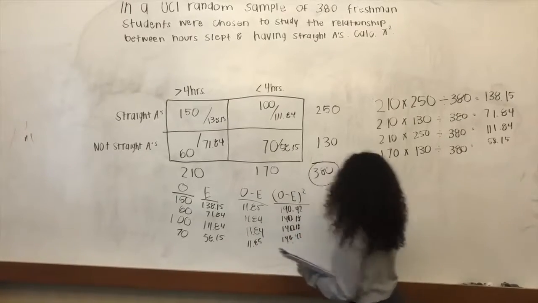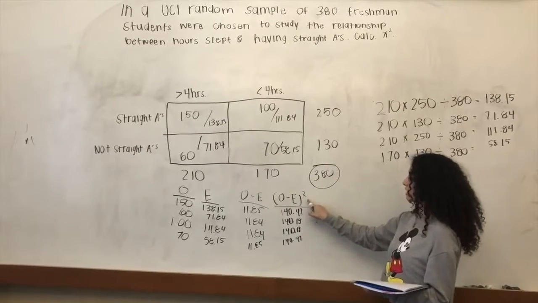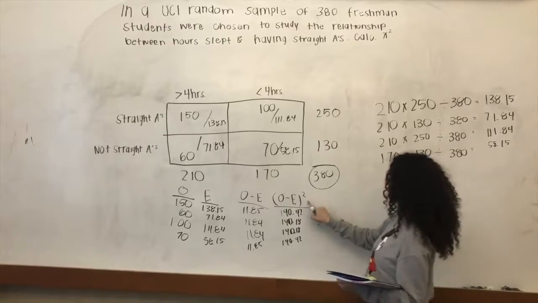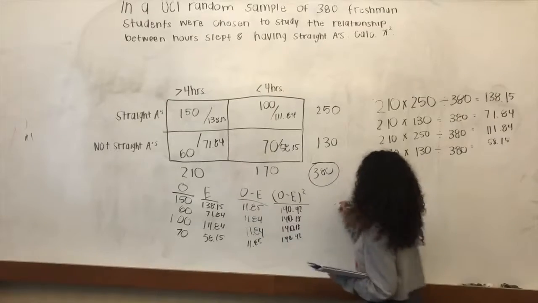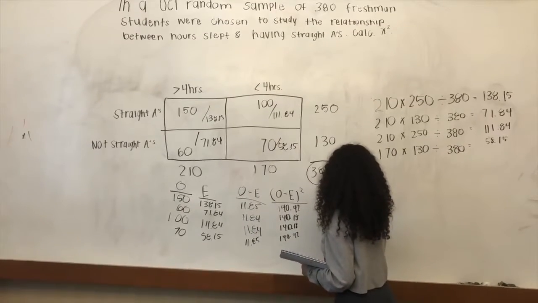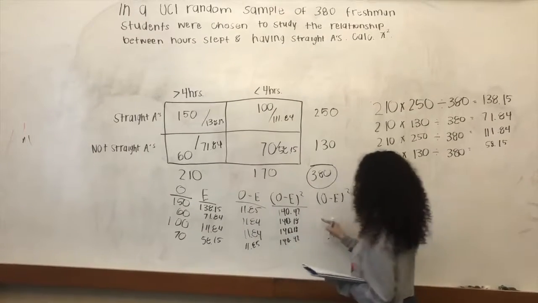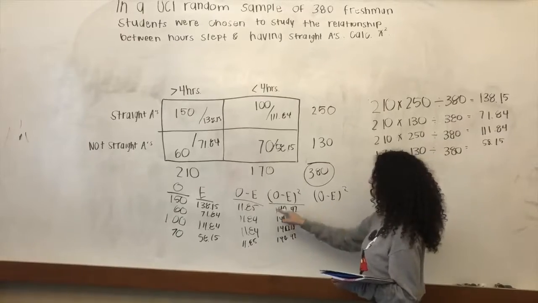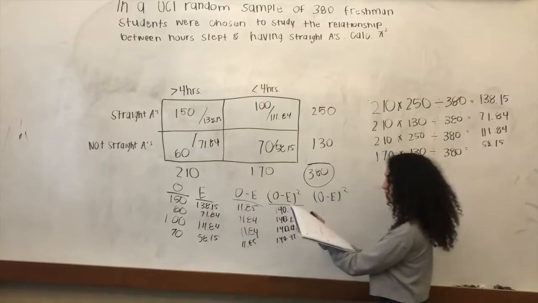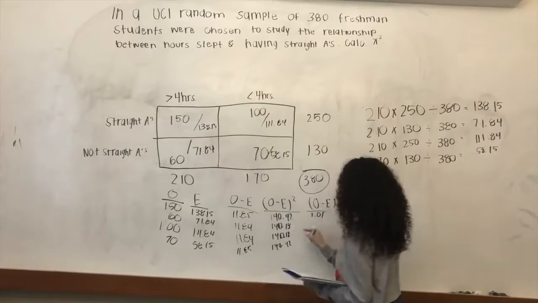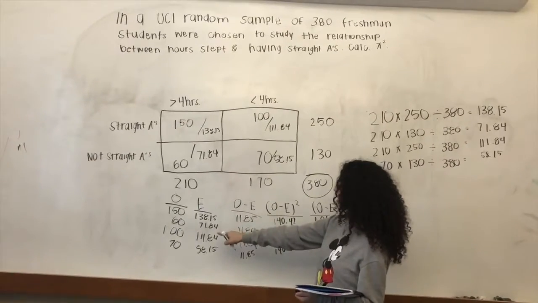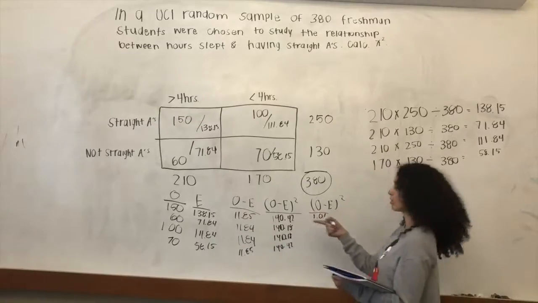So the next step after doing O minus E squared, you're going to divide O minus E squared, which is this calculation, by E. So just plug that in: 140.42 divided by 138.15 is going to equal 1.001, and 140.18 divided by 71.84, and so on.